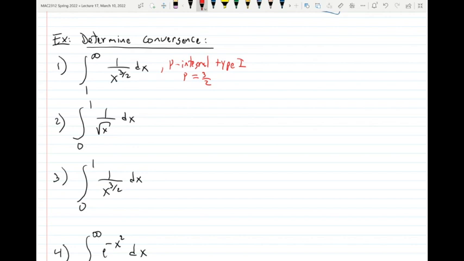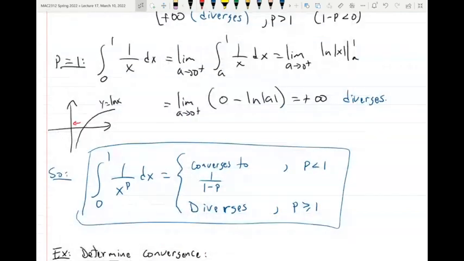So does it converge or diverge? As you know, be careful. We need to compare p with 1, whether this number is bigger than 1 or not. 3/2 is bigger than 1. What do you know about p integrals of type 1 with p bigger than 1? Converge.